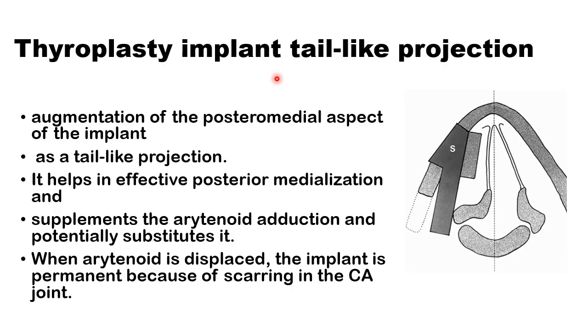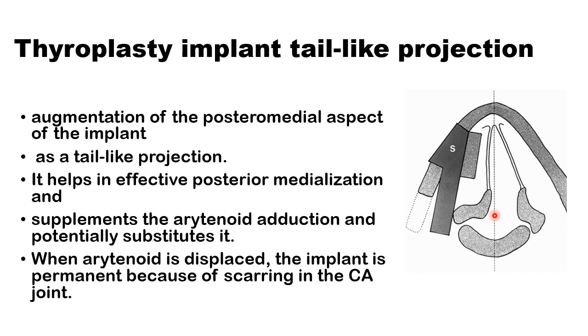The third operation is using a certain implant, a thyroplasty implant, with a tail-like projection. The usual implant used for thyroplasty would medialize the anterior two-thirds of the vocal fold, the membranous part. But if you have also a tail-like posterior projection of this implant, it would displace the posterior part of the glottis formed by the arytenoid cartilage medially as well.